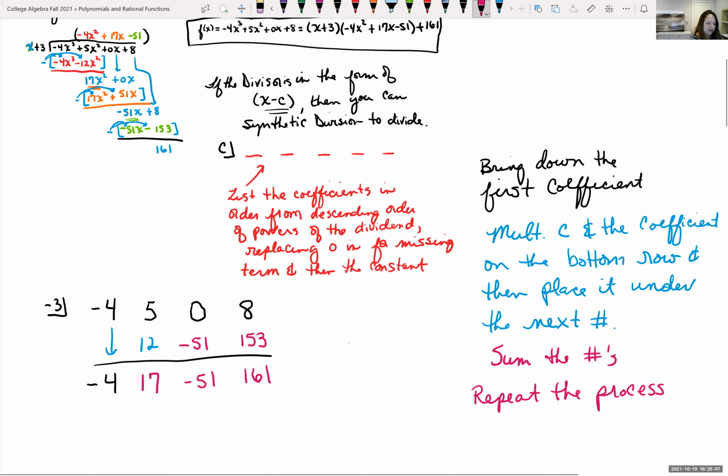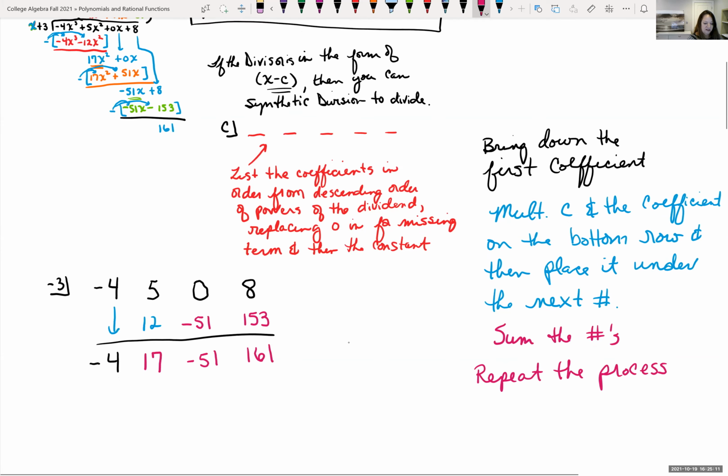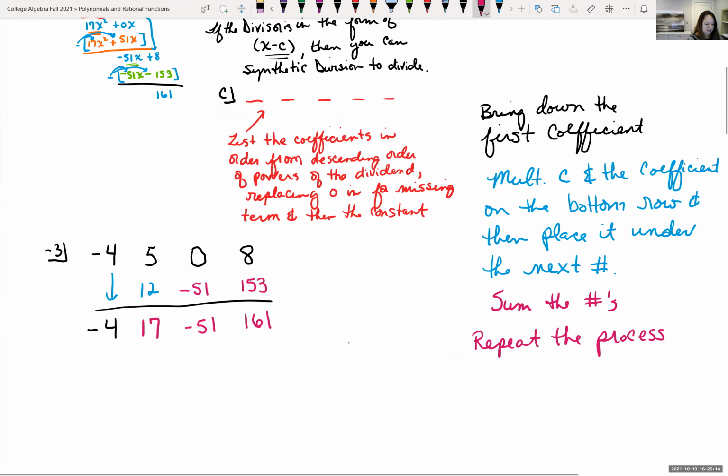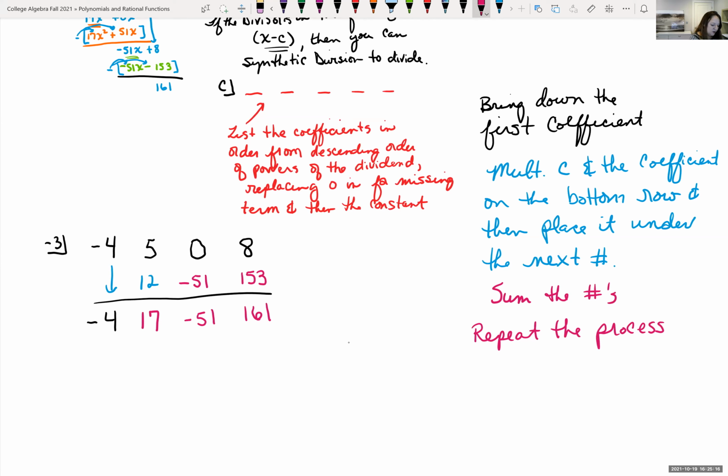So the bottom row here, this is the numbers, our coefficients, in front of our variables for our quotient. We have to start 1 degree less than the dividend. What we have on that bottom row is our quotient.